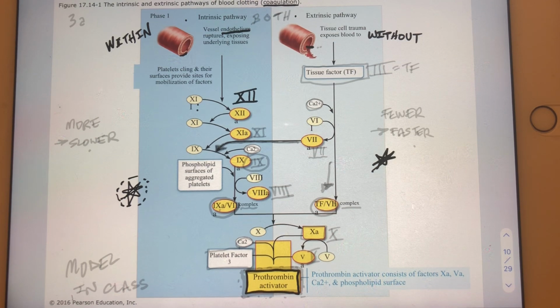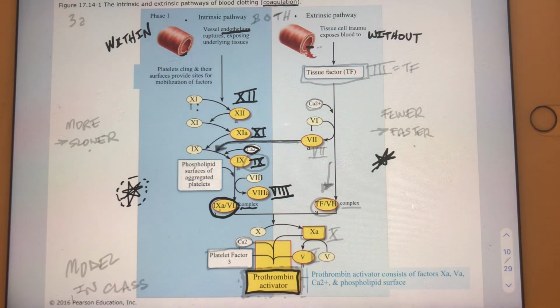Activated clotting factor 12 then activates clotting factor 11. Activated clotting factor 11 in combination with calcium, which is going to be a big player for both pathways really, is going to activate clotting factor number 9. Clotting factor number 9 activates clotting factor 8. 9 and 8 then couple.